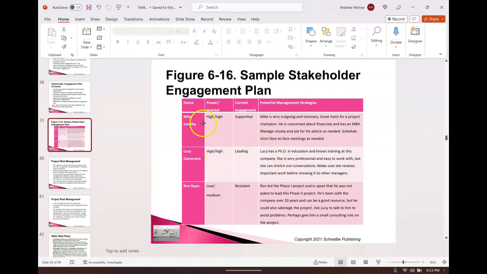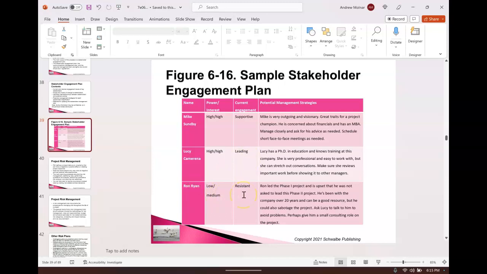This would be a sample where you have the stakeholder here. What is their power? If it's high, man, and they're supportive, they may not always be. You want to stay on top of that. Right now they're a champion. Good, keep them a champion. What about Lucy? High. And she is leading. That's awesome. But Ryan is low, medium.